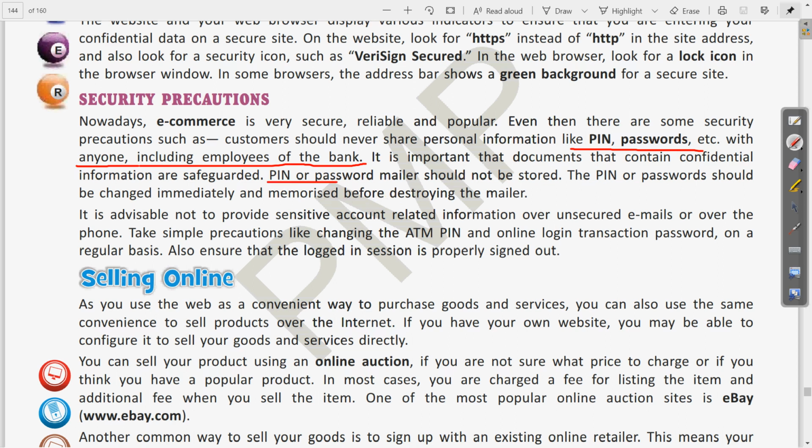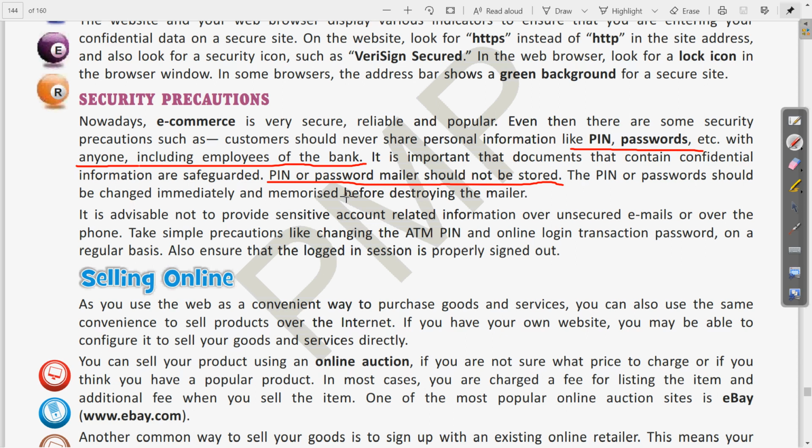Then PIN and password mailers should not be stored. Whenever we open an account or opt for online banking or whatever service you are using, for all of these we receive some mail or messages for setting the password or for enabling this.